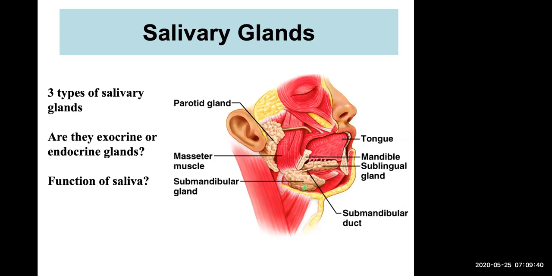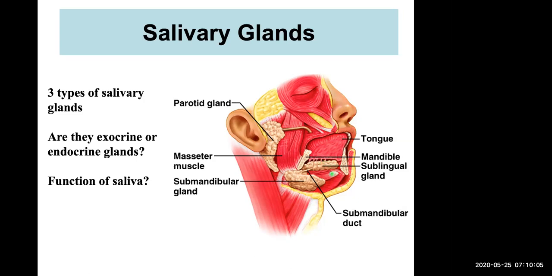These glands are exocrine glands. They secrete saliva, and we know that all exocrine glands have a duct, and the duct bears the name of the gland. So you have your parotid duct, you've got a submandibular duct, and this picture is not showing the sublingual duct, but these little things are the sublingual duct.